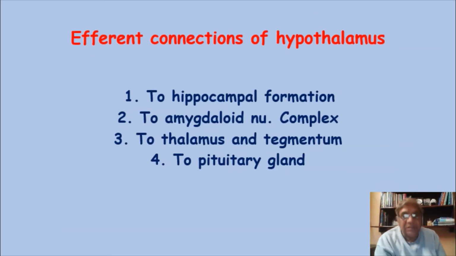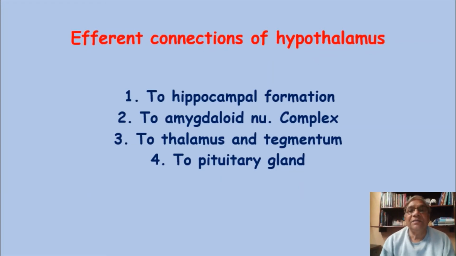If we see this in broad terms, the efferent connections will go to the hippocampal formation, from where it was getting afferents through the fornix. The efferent fibers will also go to the amygdaloid nuclear complex, from where it was getting afferent fibers, again to the thalamus, and to the tegmentum of the midbrain, and to the pons where the various nuclei are located.